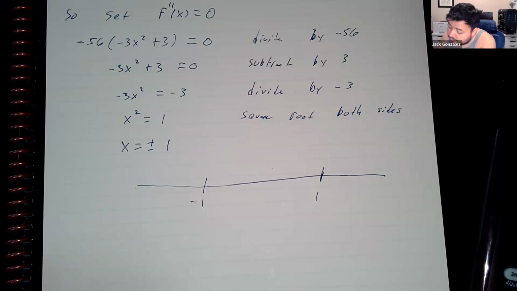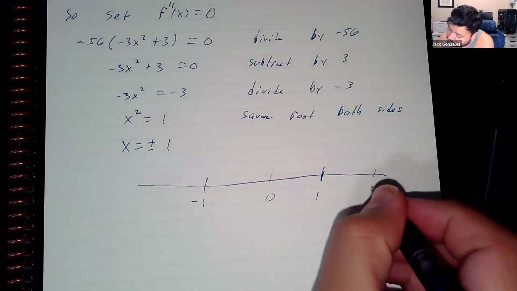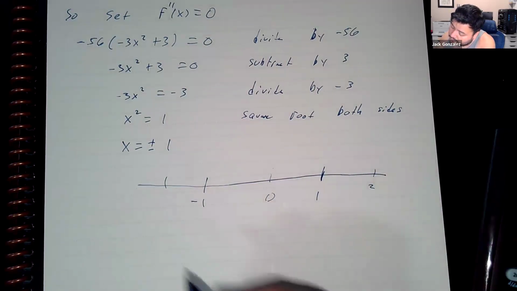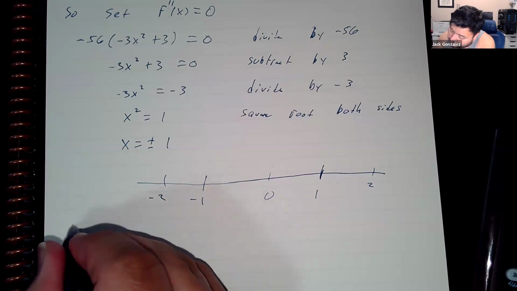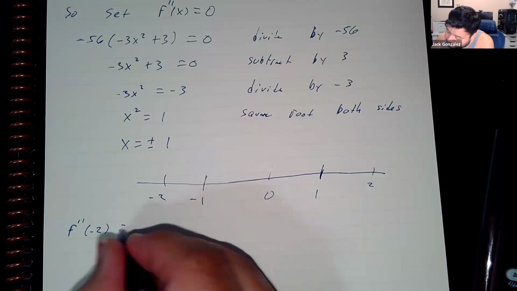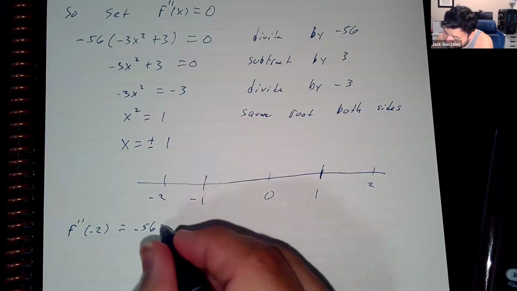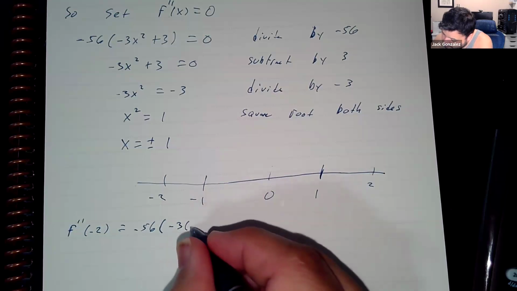Okay. So plug this in. Let's pick 0. It's easy. 2. And a -2. So f double prime at -2 would be -56 times -3 times negative.